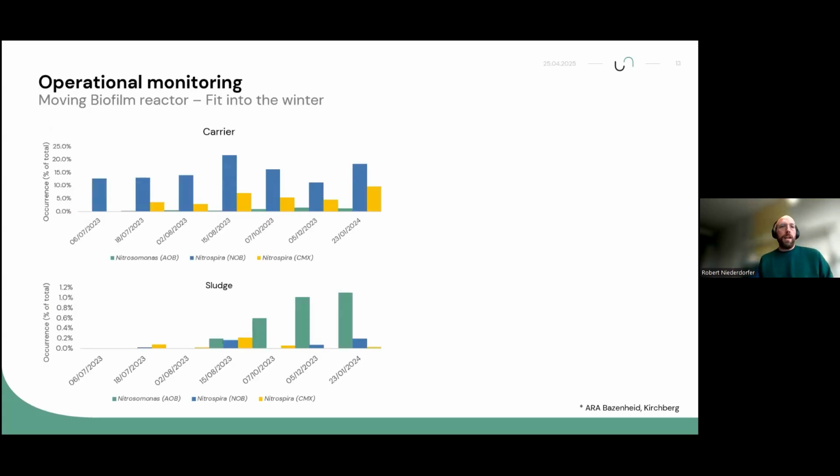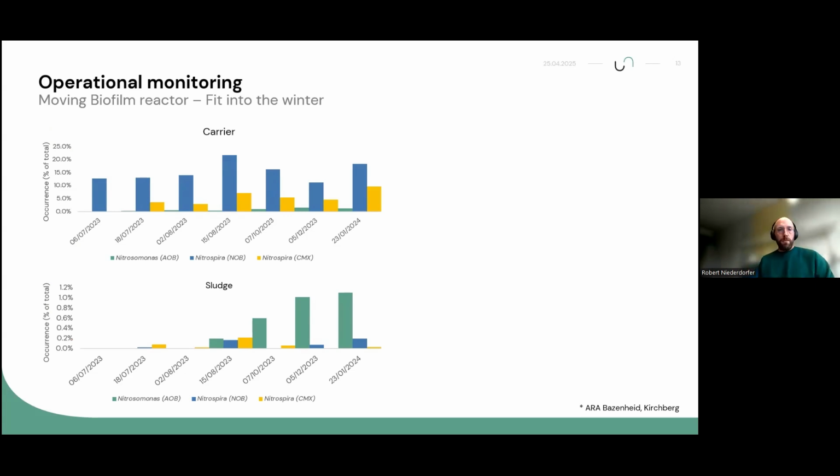For example, I have here a moving biofilm reactor. And one big issue, especially in wastewater treatment plants all over, is the winter. Winter means lower temperatures. Bacteria don't behave as they should. They are much slower. You really have to adapt your wastewater treatment plant to the situation.